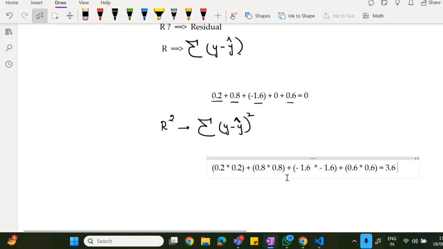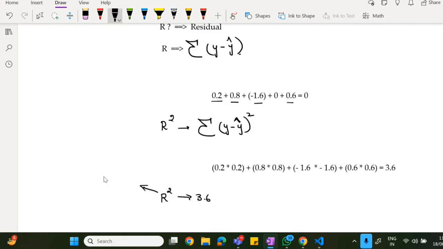When you add it completely, you will be getting 3.6. That's fine. Okay. Now our R square is nothing but 3.6. What is this actually? This is the total error.